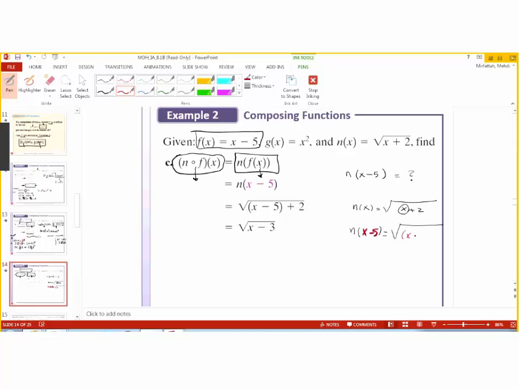So this would be x minus 5, and the rest of the stuff stays the same, plus 2. Okay, so everybody follow up to this point? Question? Yeah, I think I got it. Good, okay. So then you simplify this. So you would get x minus 3.